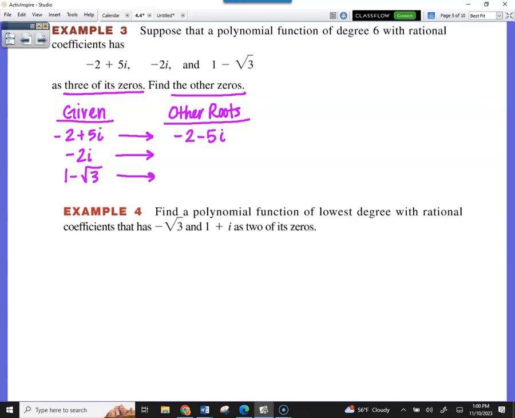You only change the sign of the imaginary part. What is the conjugate of -2i? 2i. For conjugates of radicals, you only change the sign of the radical. What's the conjugate of 1 minus root 3? 1 plus root 3.